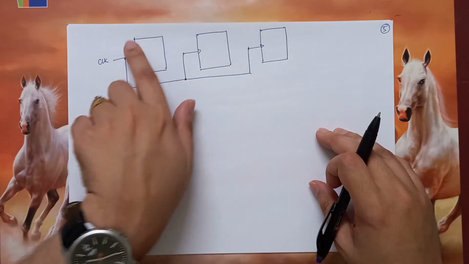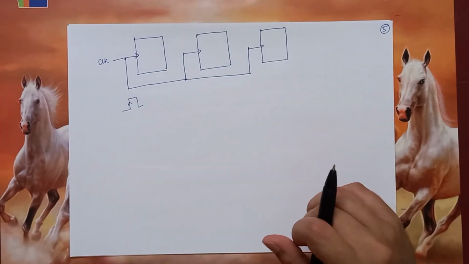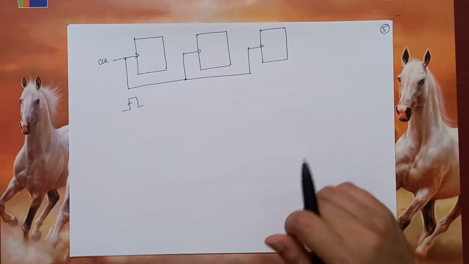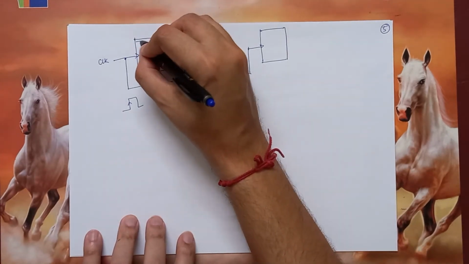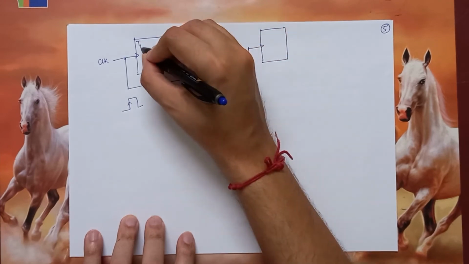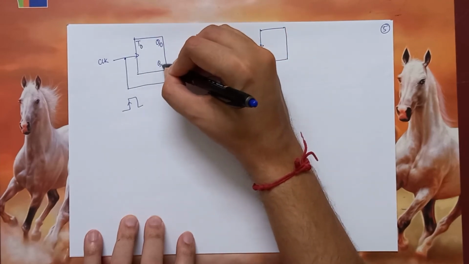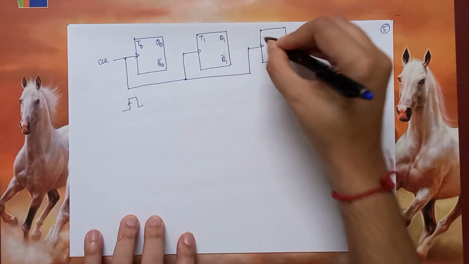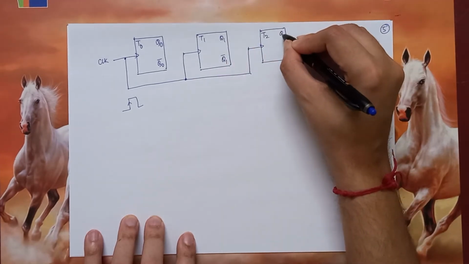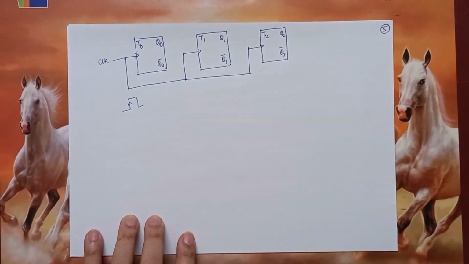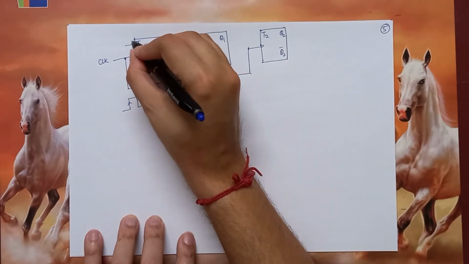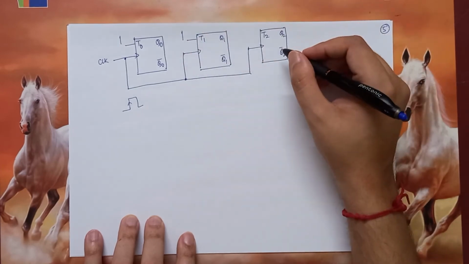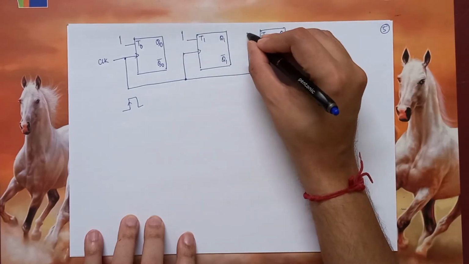Hence, depending on what the input of the flip-flop is, all of them can change at the same time. Now let us say this is T0, Q0 and Q0 bar, T1, Q1 and Q1 bar, T2, Q2 and Q2 bar. Now let us say, for the sake of discussion, that the inputs to the T's are all ones.